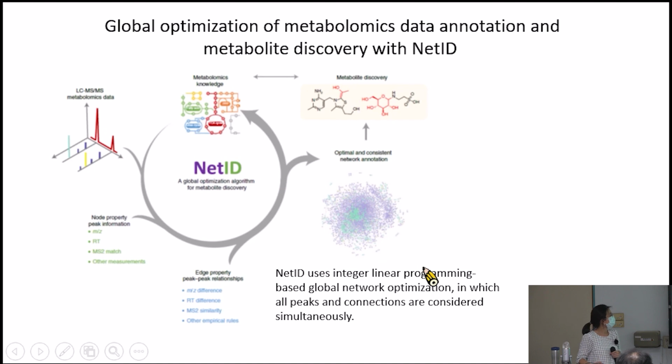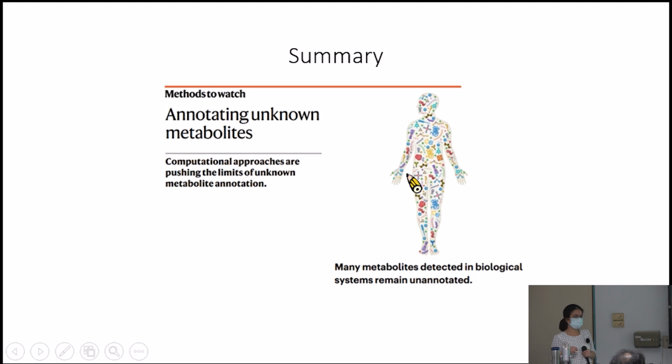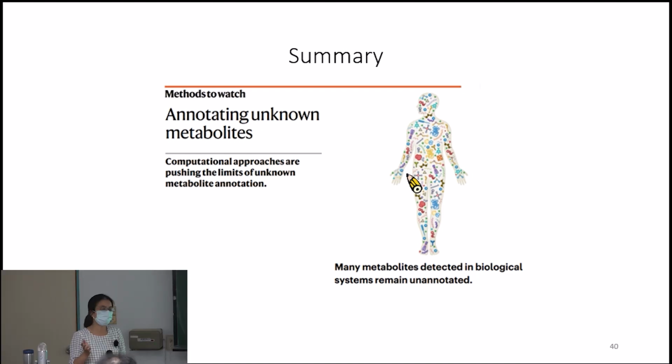So I think the major concept in the second section is that we can use multiple computational approaches to improve the identification of unknown samples. And although this is far from perfect, we do believe that we will get a higher quality, more real annotation in the field. Okay, so this is basically our second part in this course.